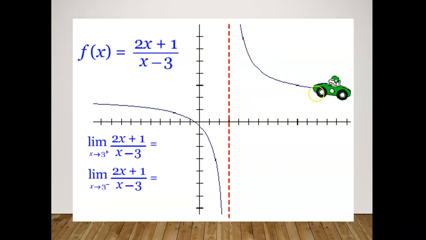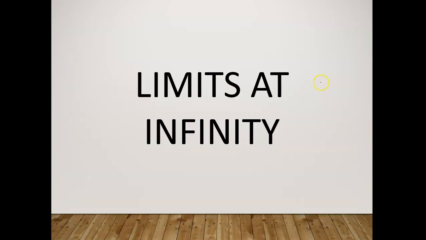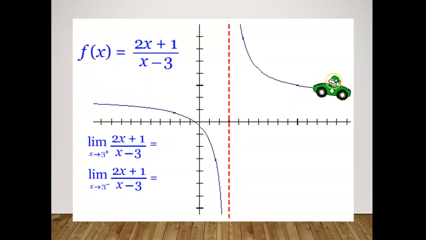If you look at the green curve, when x is approaching 3 from the positive side, your graph is going up, approaching positive infinity. So this is what we call an infinite limit.